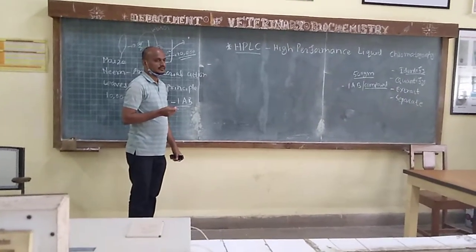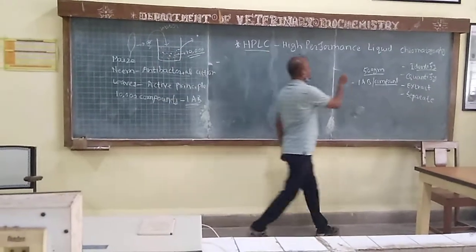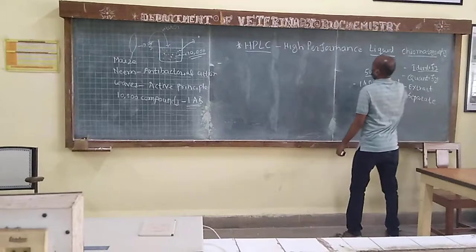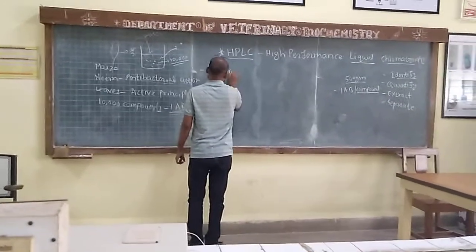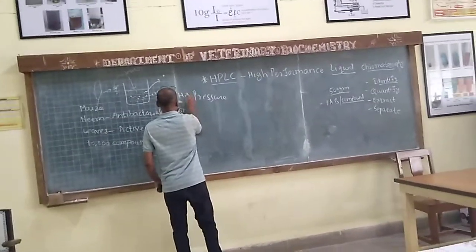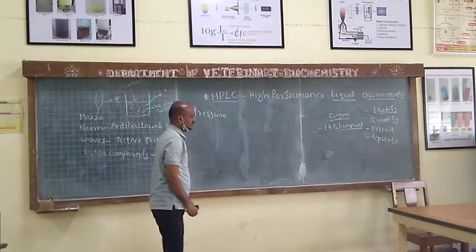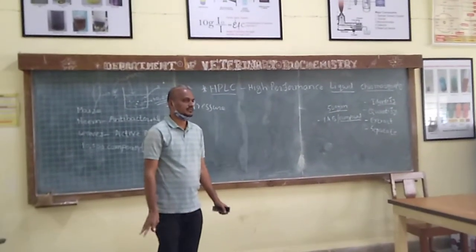High performance liquid. It is also called high pressure liquid chromatography because pressure is used to separate the molecule. High pressure, right? Okay. Next, what word comes to your mind? Equipment related. Anything is there?